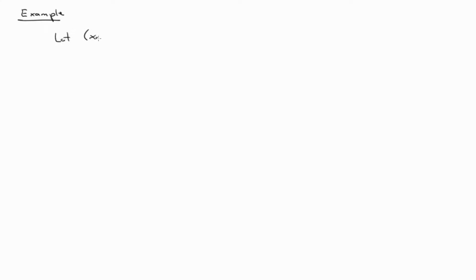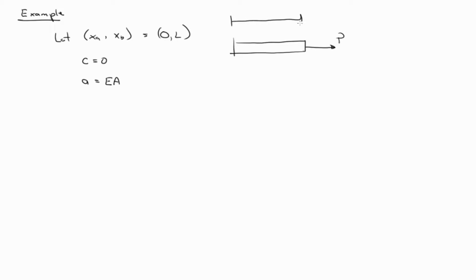We're going to let the interval xa to xb equal 0 to L. We're going to let c equal 0, a equal to ea. So, of course, this is our bar problem again.